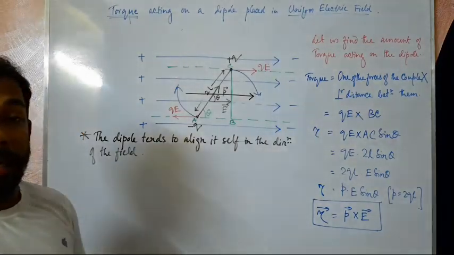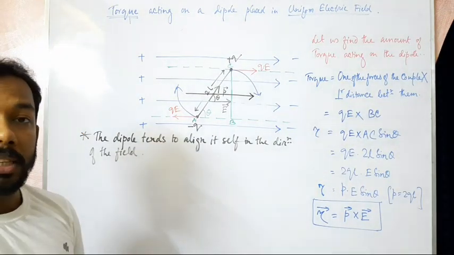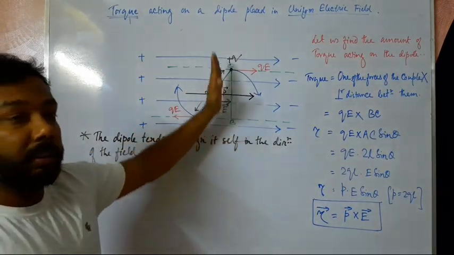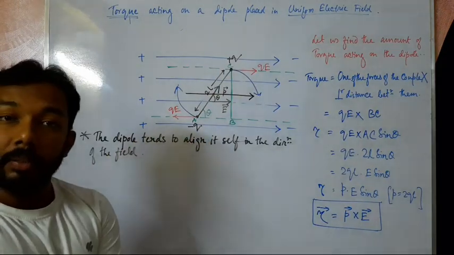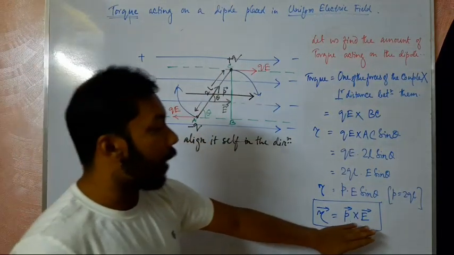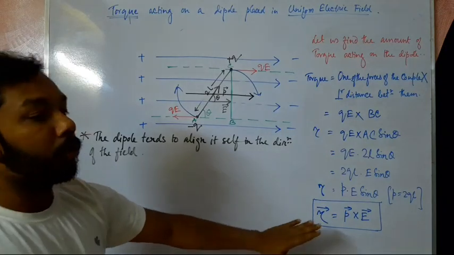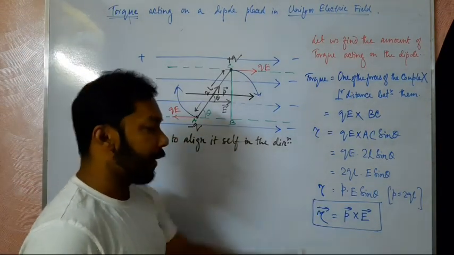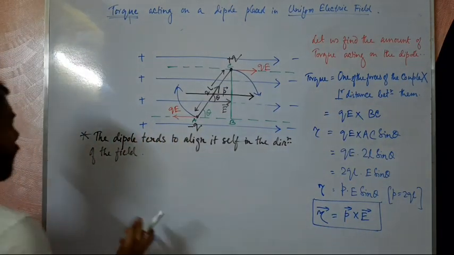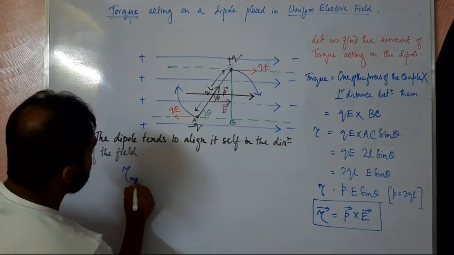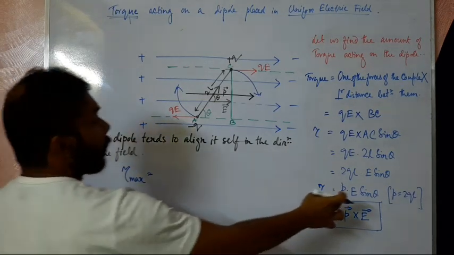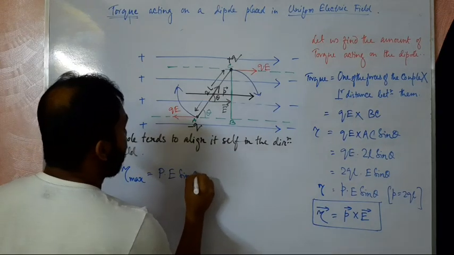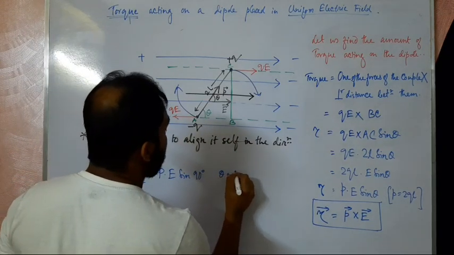So where will be the standard or zero potential energy? From symmetry, you can understand that the zero potential energy position will be perpendicular to the field. Now, if the maximum and minimum torque have to be found from this equation, we can easily say the maximum torque can be found where theta is 90 degrees, PE sin 90 degrees.